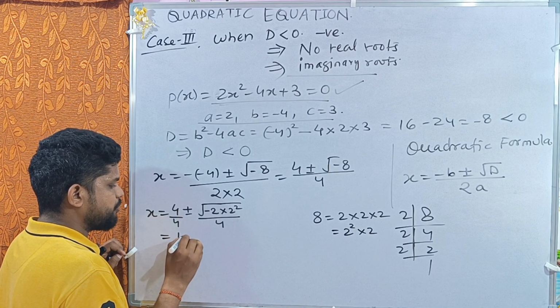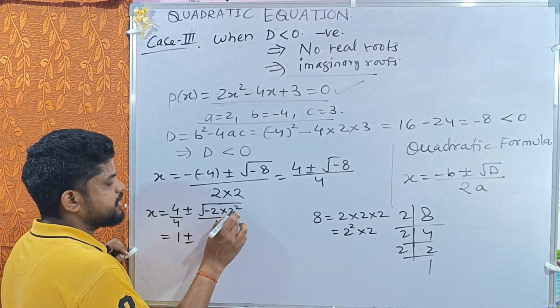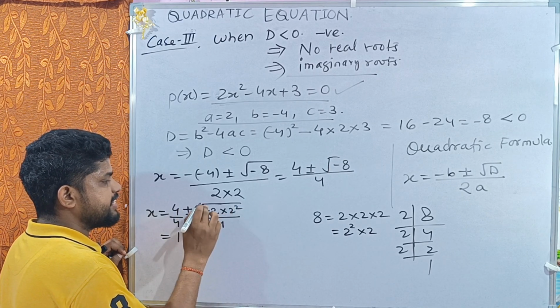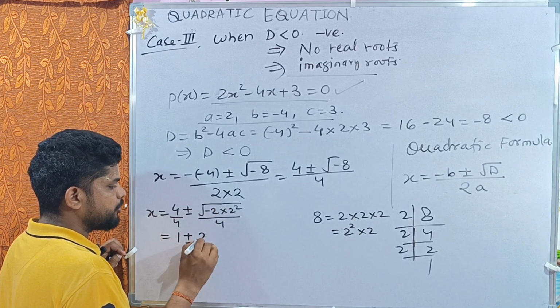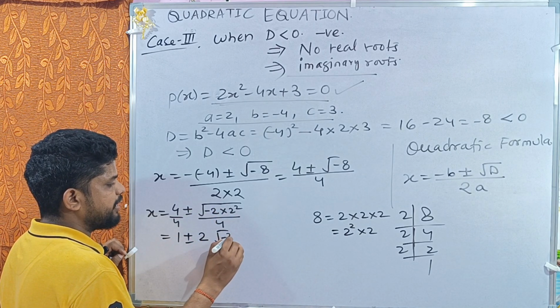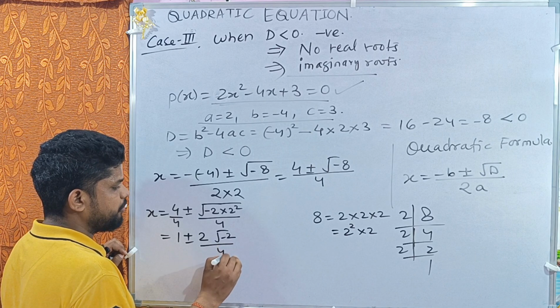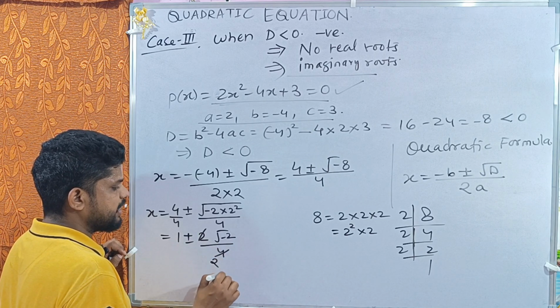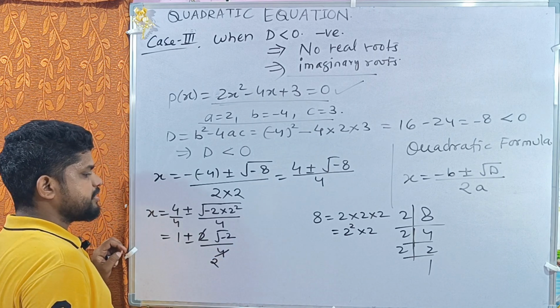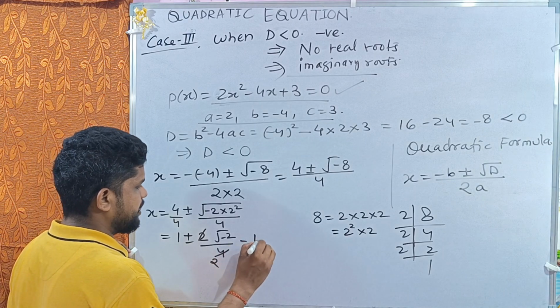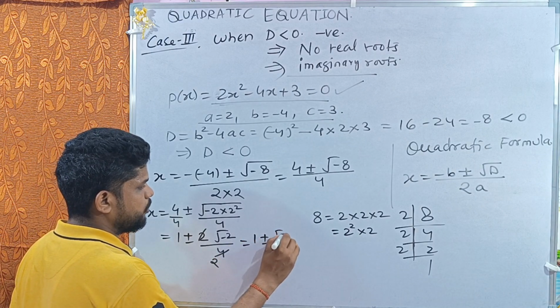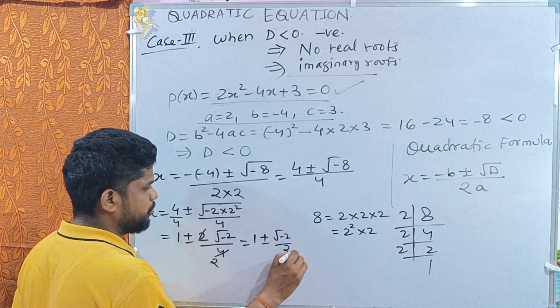4 divided by 4 is 1, plus minus the root of 2 square, which comes out of the under root as 2, and the remaining is minus root 2, divided by 4. The 2 and 2 will cancel out, and this will remain as 1 plus minus root minus 2 divided by 2.